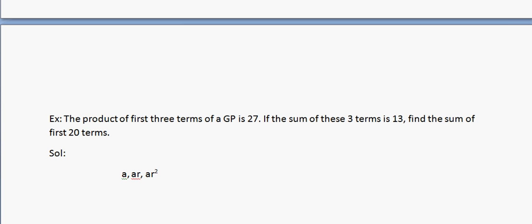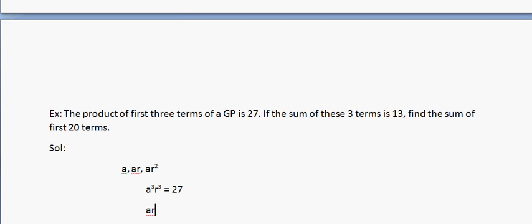So we are given the product, which means a into ar into ar square, it would become a cube into r raised to power 3. This is given to be equal to 27, right? So we can find ar, which is equal to cube root of 27, 3, right? So the second term is 3, right?